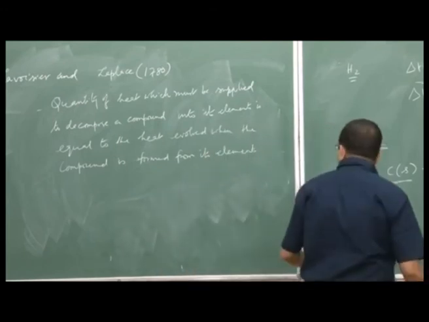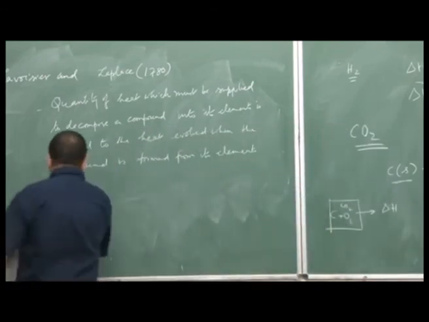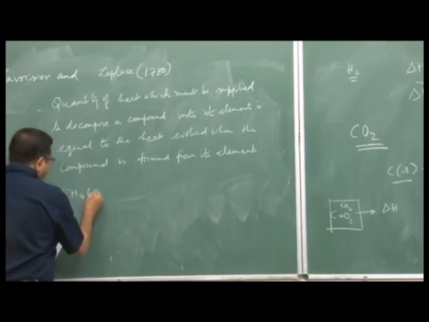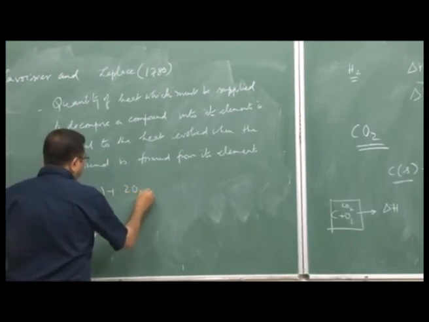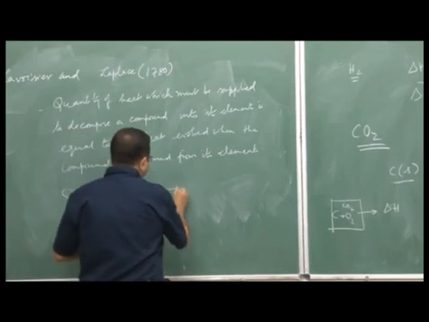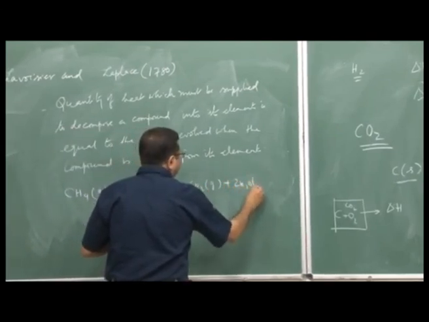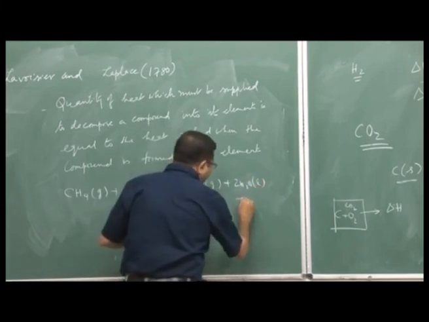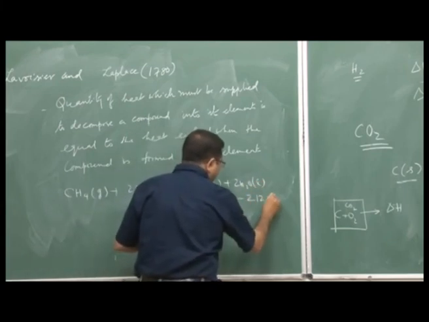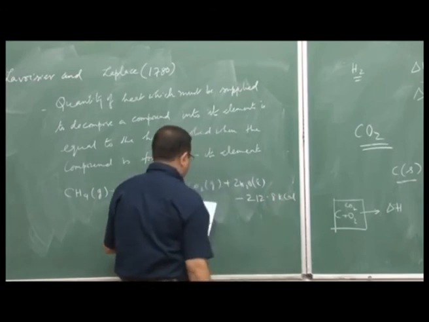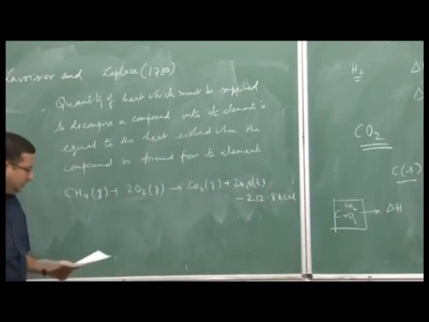So, for example, let me look at an example, gaseous methane burning with gaseous oxygen, giving CO2 plus 2H2O, let us say in liquid form. So, this is an exothermic reaction. The heat evolved is 212.8 kilocalorie.